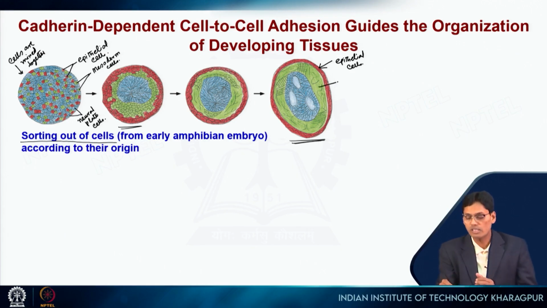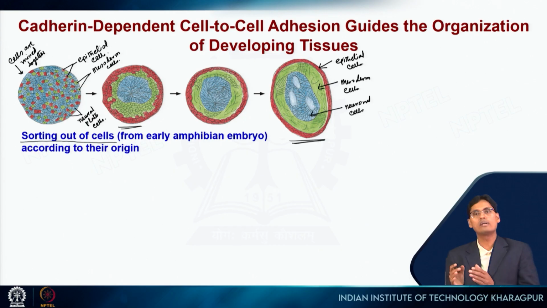Similarly, the mesoderm cells are present just beneath the epithelial cell layer, and the neural plate cells are inside. These are neuronal cells. This is true during the development of the frog embryo itself.